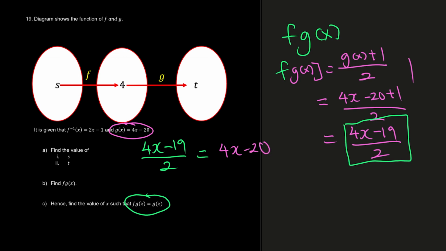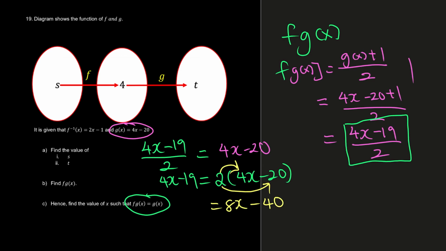So we just compute the linear algebra. Divided by 2, go over there, become times. Then we just need to expand the bracket. 2 times 4x, you get 8x. 2 times negative 20 is minus 40. And this is 4x minus 19. We group the like terms.